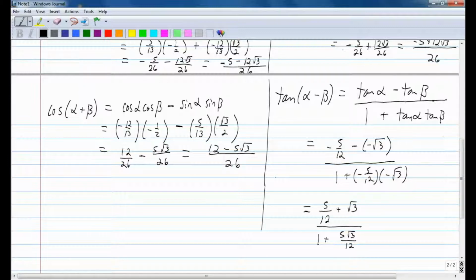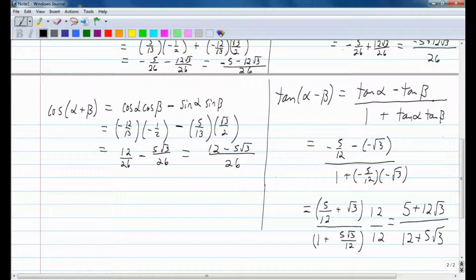So if I multiply the numerator and denominator by 12, that's going to get rid of this fraction here. So that's the first thing I would do. So this is going to be 5 plus 12 square roots of 3 over 12 plus 5 square roots of 3.